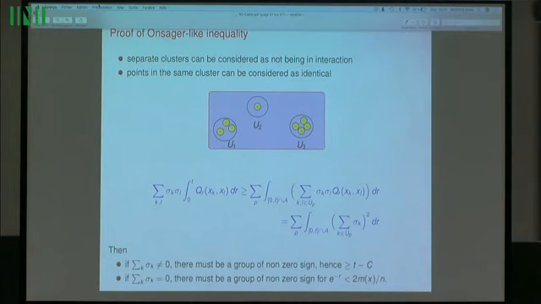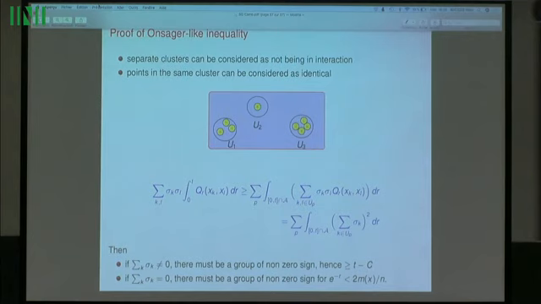And so now the question is: is there a cluster for which the sum of charge is not 0? Because if one of the clusters has a total sum of charge which is not 0, this quantity is bigger than t. So obviously, if the total sum of all the charges is not 0, you are stuck to finding one of the clusters for which the sum is not equal to 0.